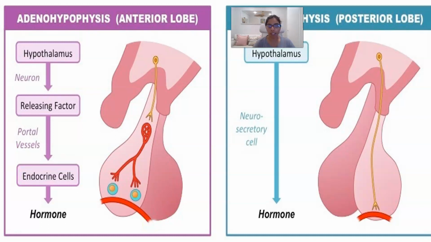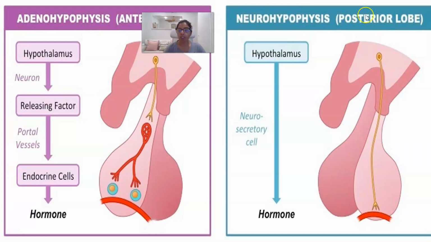If we look at the posterior pituitary gland, also known as neurohypophysis, again, posterior pituitary gland is fine, and you can abbreviate that to PPG once you've written this out in full. You'll notice that this pathway is a lot more direct and a lot more simple.